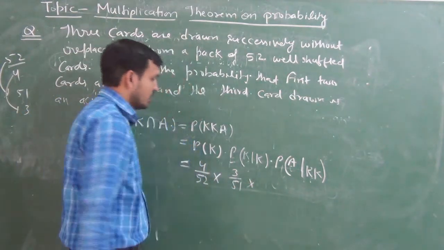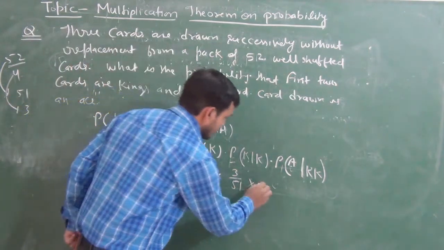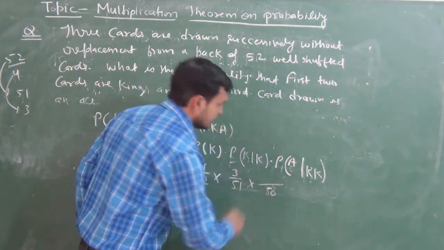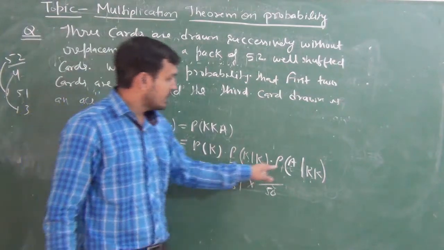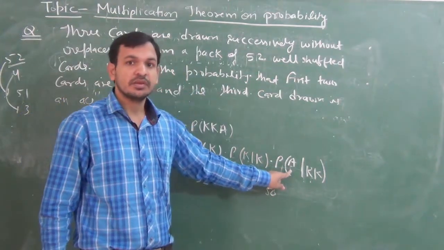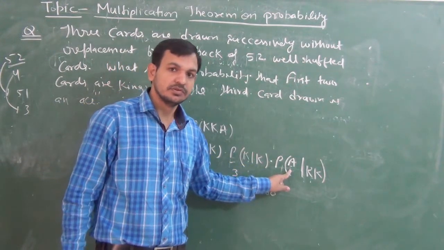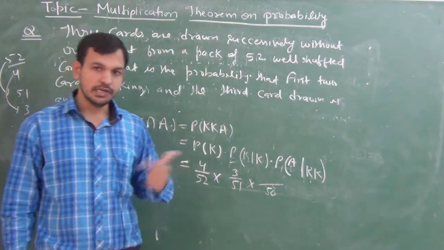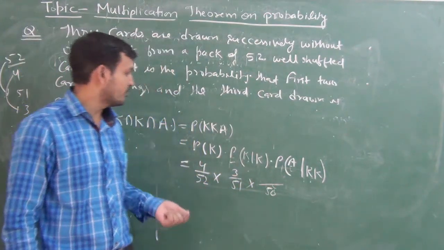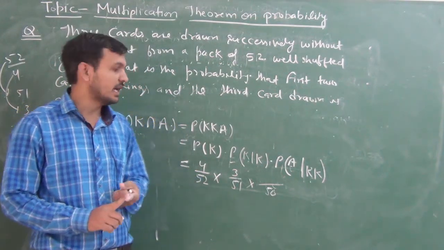into, now after taking out 2 cards, in total we have only 50 cards in the pack. And now in the third chance we need to find the probability of getting an ace. So how many aces are there in a pack of 52 cards? There are 4 aces, and we have not taken out any of these aces, so we have 4 aces at this time.